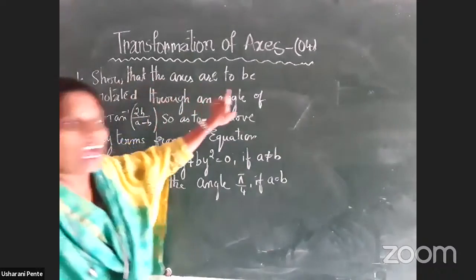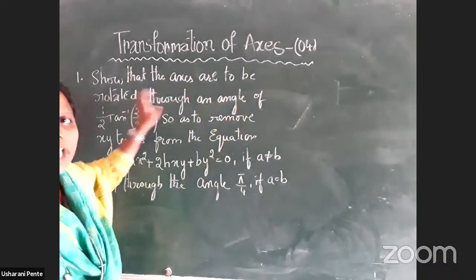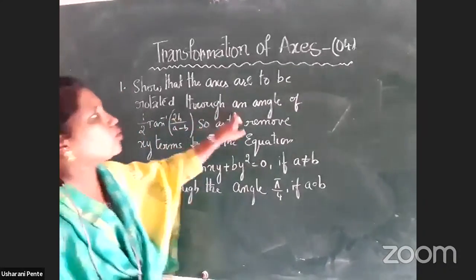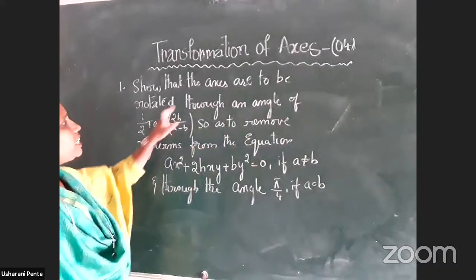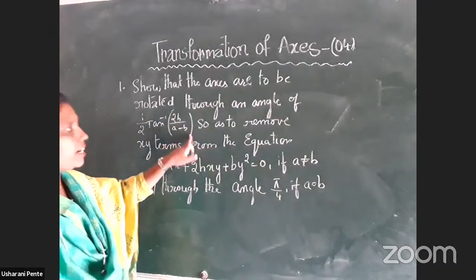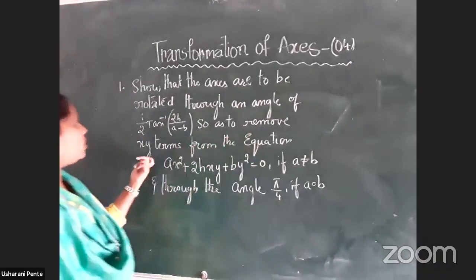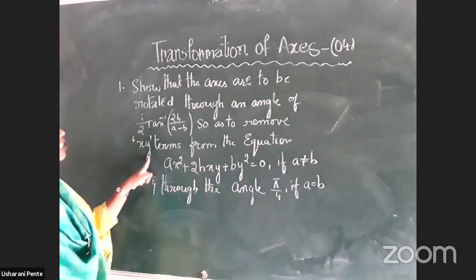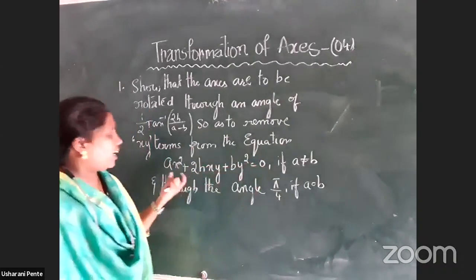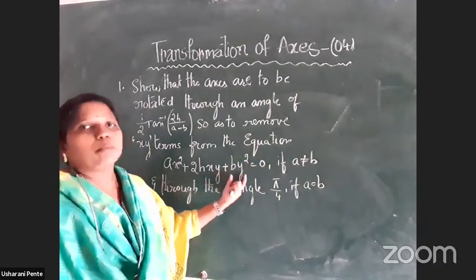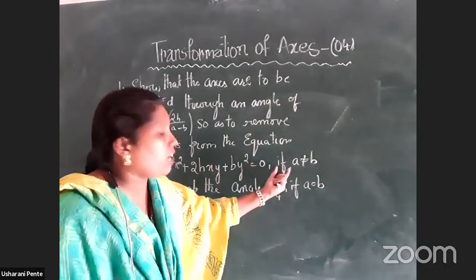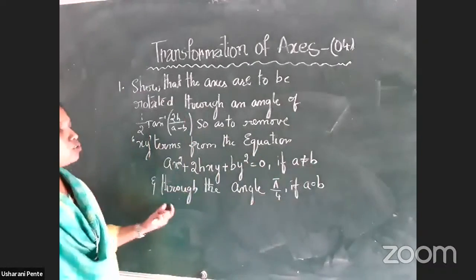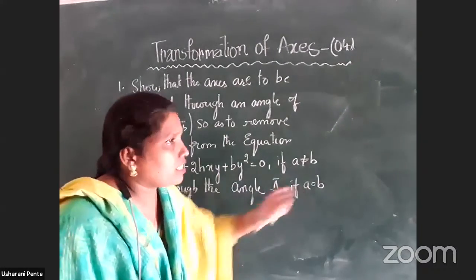Show that the axes are to be rotated through an angle of half tan inverse of 2h by a minus b so as to remove the xy term from the equation ax square plus 2hxy plus by square is equal to 0 if a is not equal to b, and through the angle pi by 4 if a is equal to b.